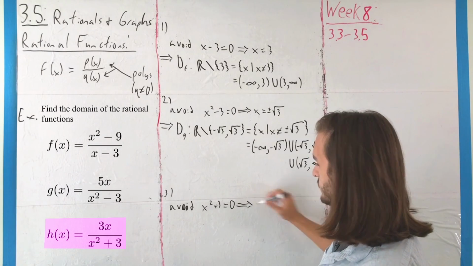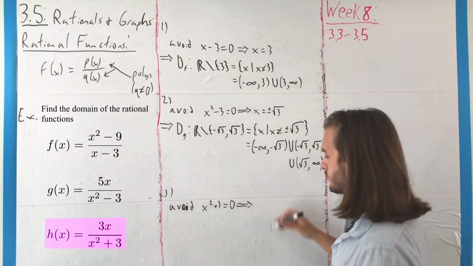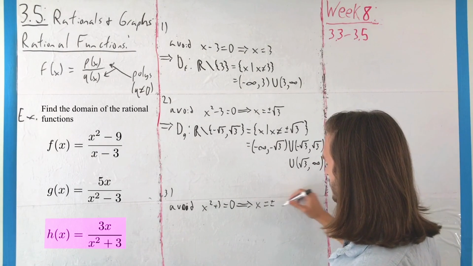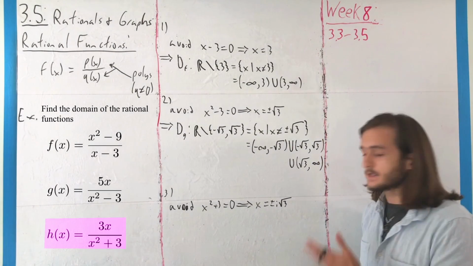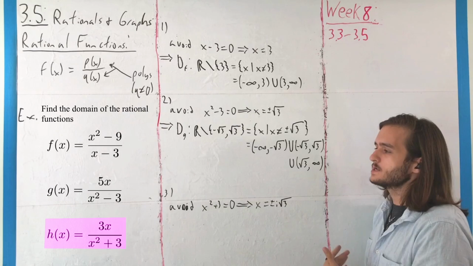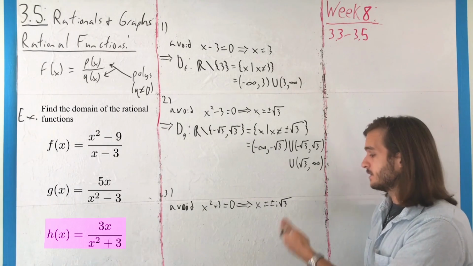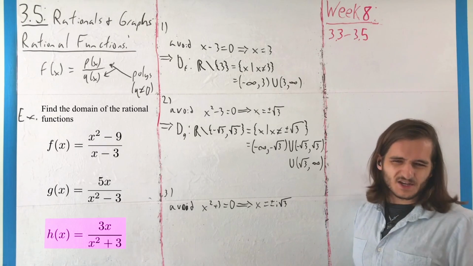But if we want to avoid x squared plus 3 equaling 0, that means we subtract over the 3, take the square root, or that means we want to avoid x being plus or minus i root 3. And that's an imaginary number, or complex number without a real component, but the point here is that it's not something, strictly speaking, real in the mathematical sense. So we don't actually mind.